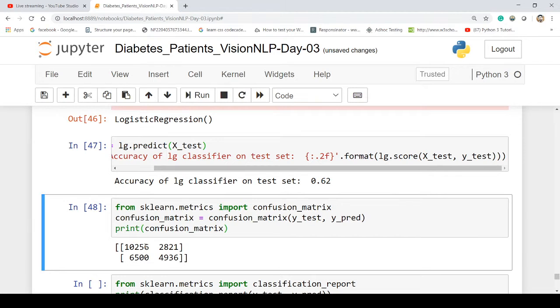Because we are trying to find the specificity and sensitivity, wherein we can build our AUC and our ROC curve. So our ROC curve will tell us if it is closer to 1, that means our model is perfectly fine. If it is away from 1, that means my model is not good enough.